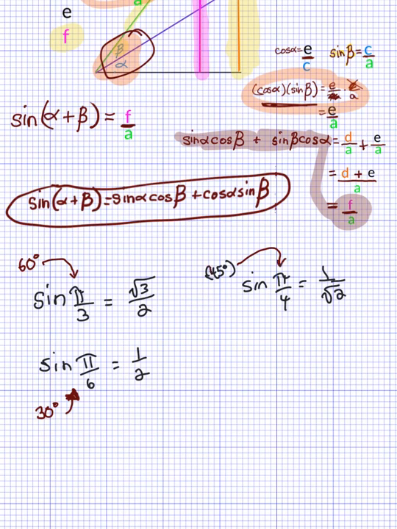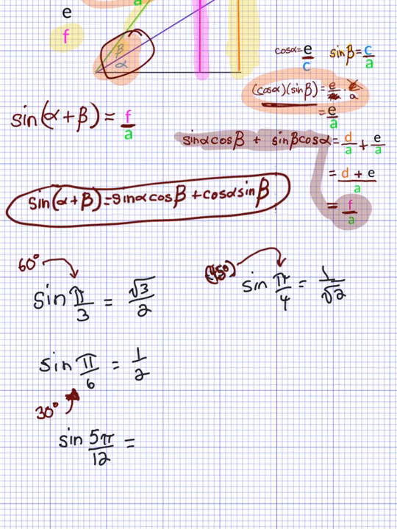Okay, so what if I wanted the sine of something like 75 degrees? I know the sine of 15 degrees is pi by 12, so 75 degrees is 5 pi by 12. What does that equal exactly?